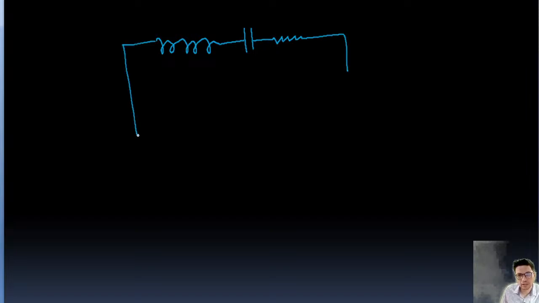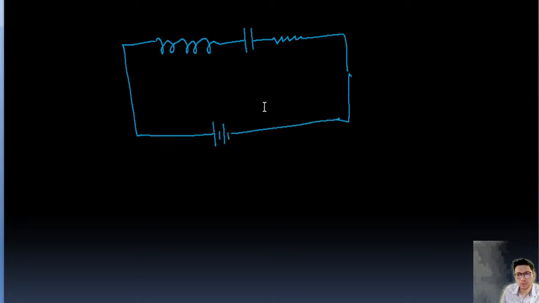So this is the case, guys. This is the inductor, this is the capacitor, and this is the resistance. They are in series and connected to an AC source, an AC voltage.